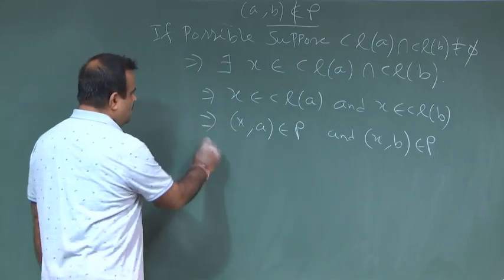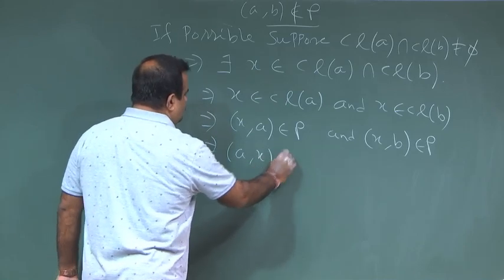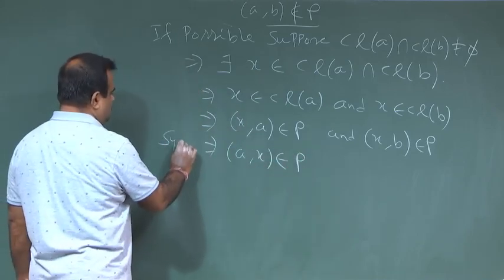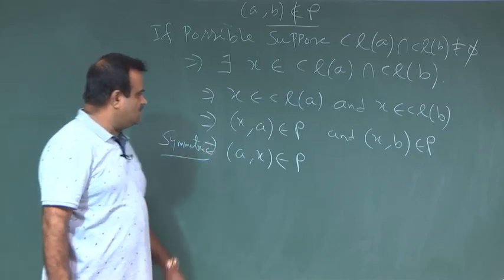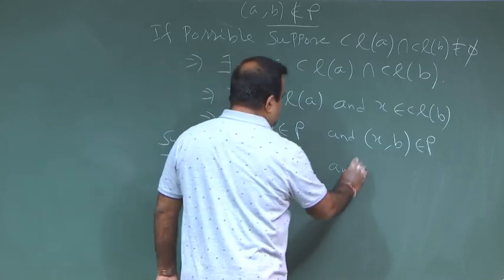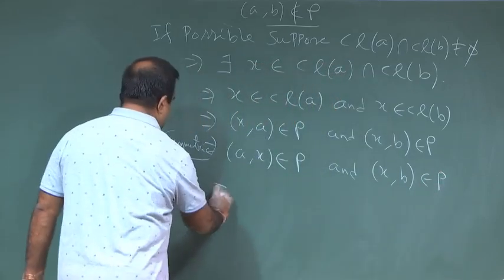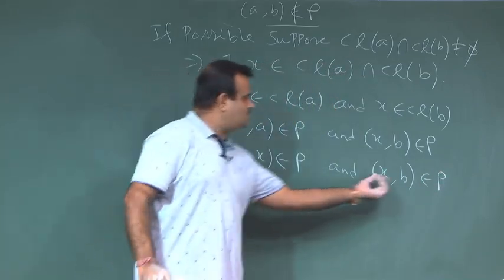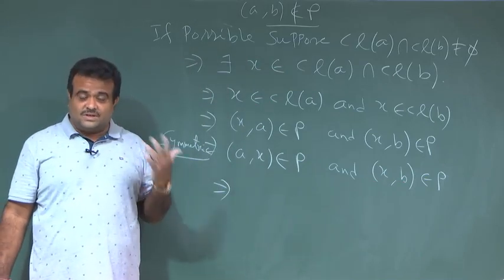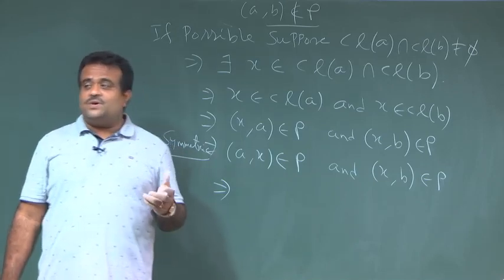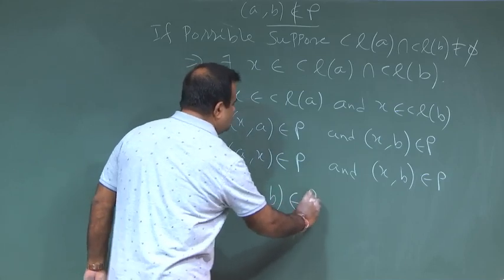Now, by the symmetric property we can say (A, x) belongs to rho, this is by symmetricity, because rho is an equivalence relation, so rho is symmetric also, and (x, B) belongs to rho. Now, this (x, A) belongs to rho, (x, B) belongs to rho, and rho is equivalence, that means rho is transitive also. So, if rho is transitive, then these two will give us what? (A, B) belongs to rho, since rho is transitive.